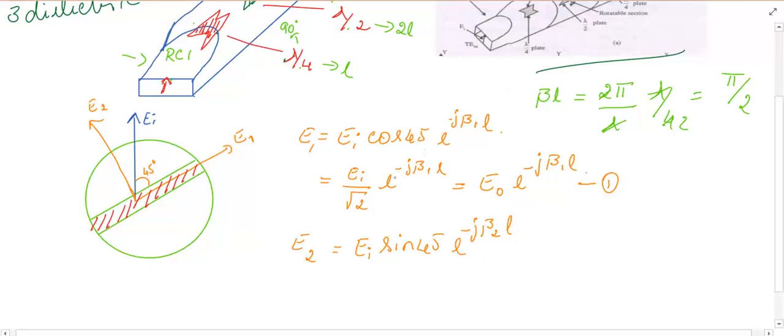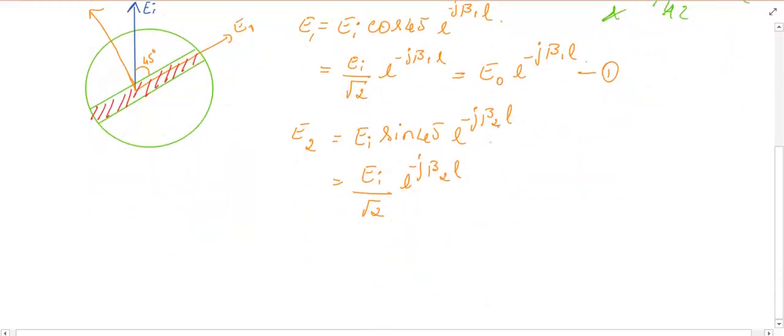It is the same for the continuing signals also. Again, sin 45 is nothing but 1 by root 2. So this can also be written as EI divided by root 2 e to the power minus j beta 2 L. Now this can also be written as E naught e to the power minus j beta 2 L.